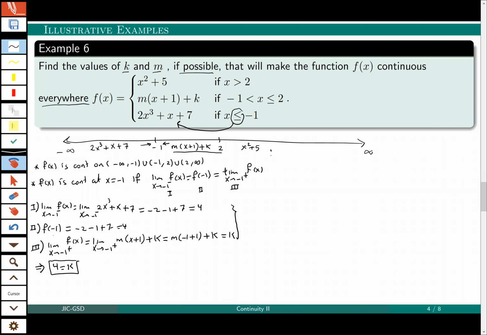So we said that's the first condition, that's the second.